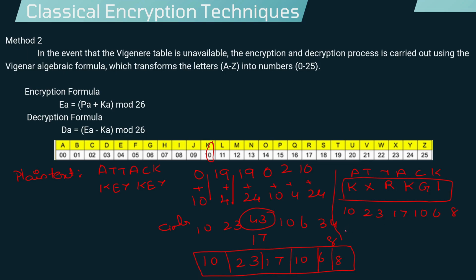Now you need to subtract the key values 10, 4, 24, 4, 24. So you will be getting 0, 0. Here you will be getting 2. Here you will be getting 19.